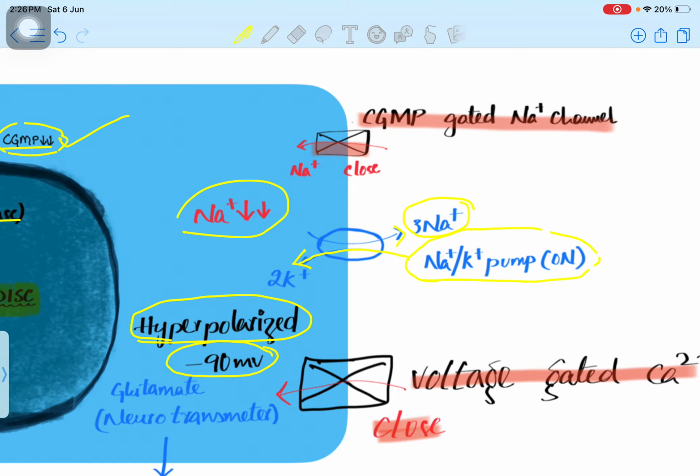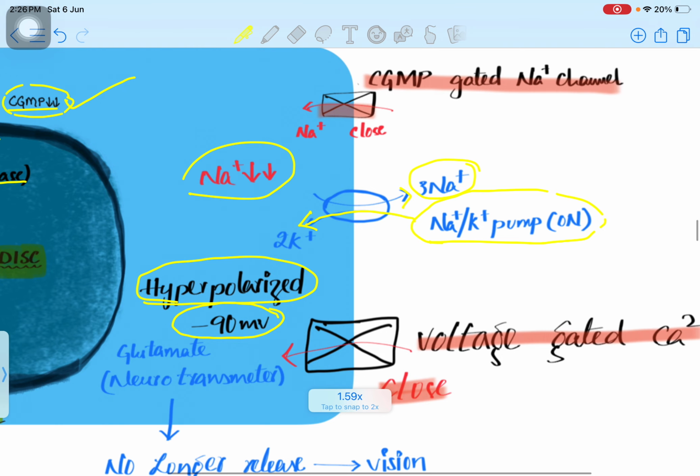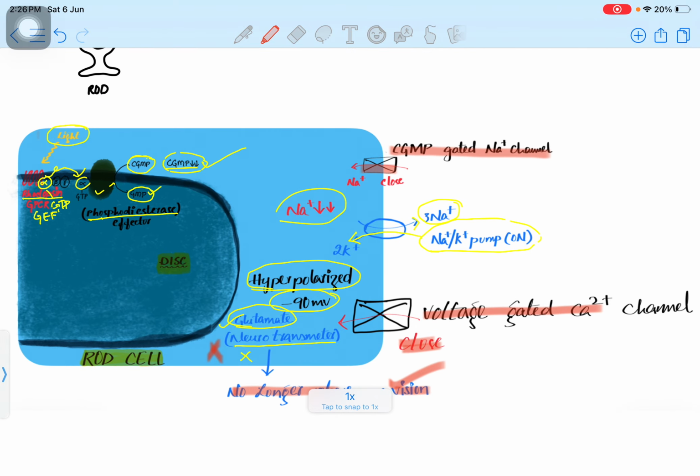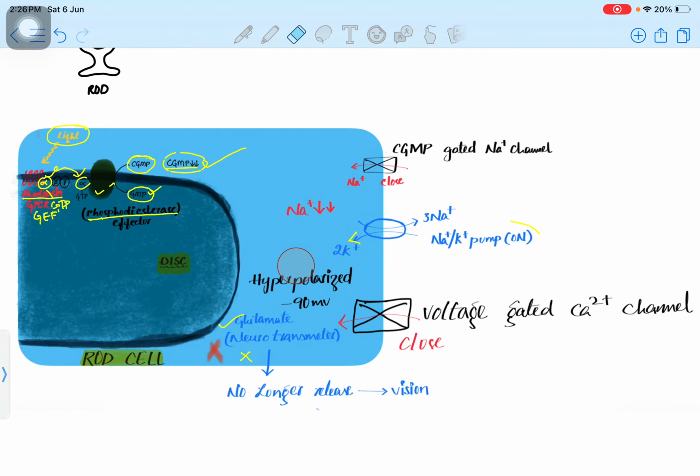So hyperpolarization is happening, and minus 90 millivolts is going to happen in the cell. Because of that, glutamate will no longer be released from the rod cell. This glutamate is nothing but a neurotransmitter. Because it is not being released from the cell, vision is going to happen. So the non-release of glutamate is causing the vision. Are you getting my point? There is nothing, it's easy lemon squeezy.